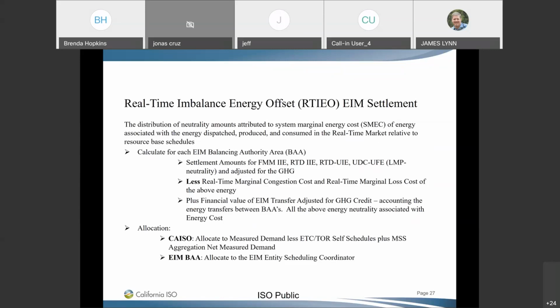Now that's our offset. These are just neutrality charge codes. A lot of people like to call them uplifts, but they're not. It's just trying to bring my real-time charge codes back into neutral, because I'm going to pay the generation for what they delivered at the LMP at which they delivered it.